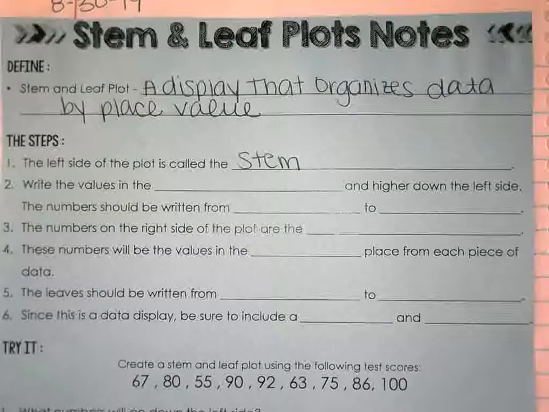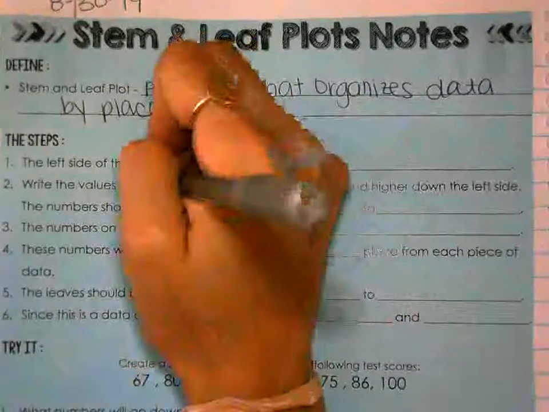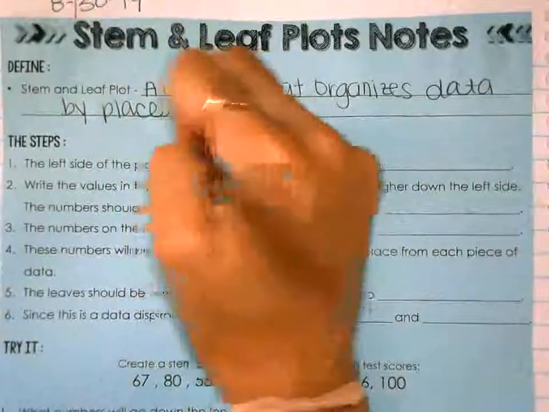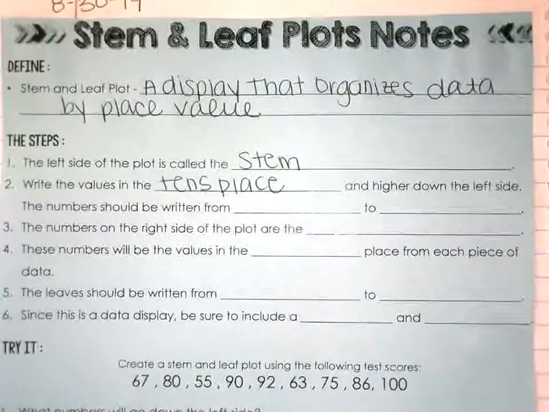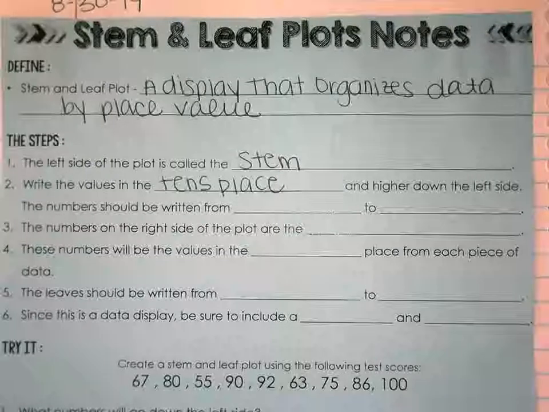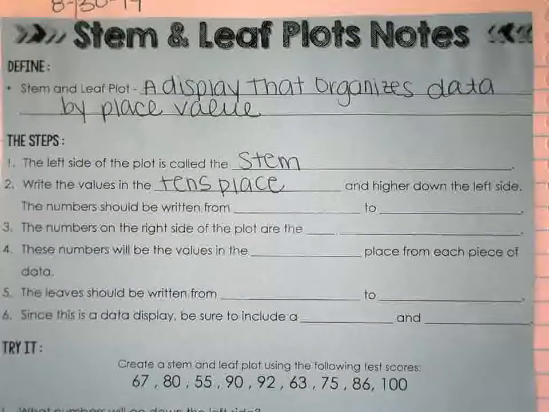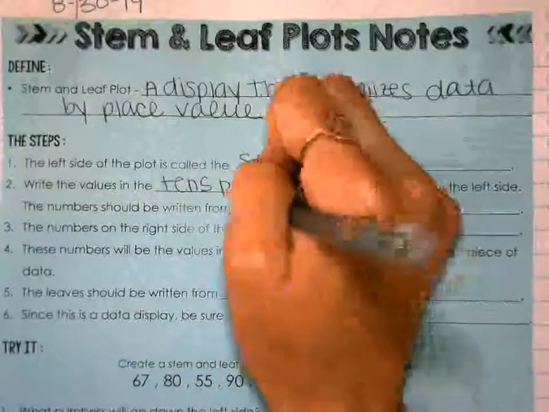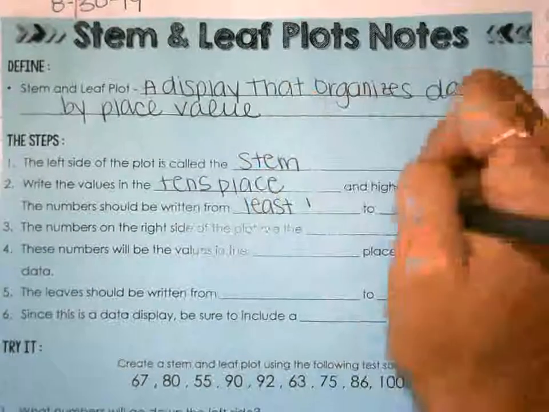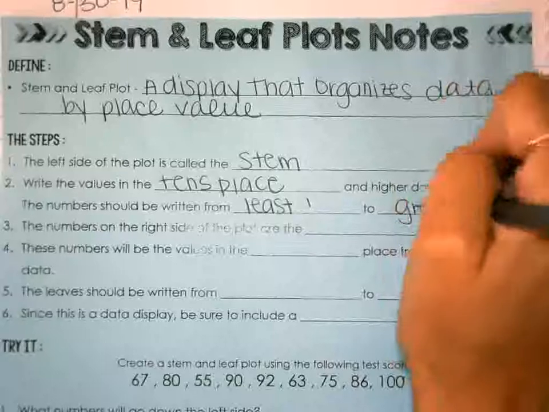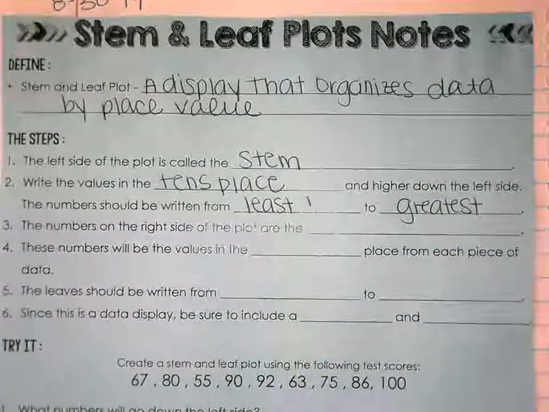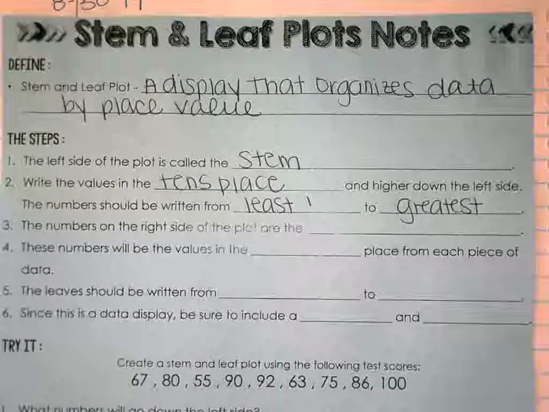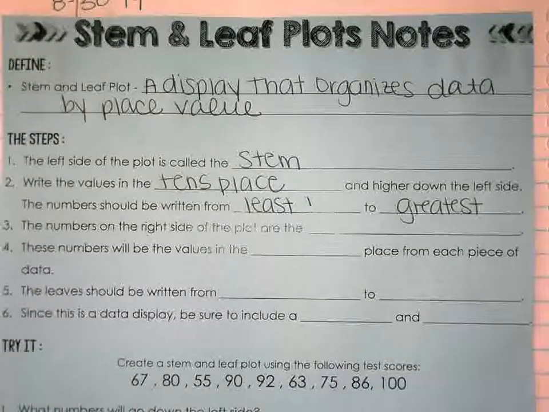For step 2, you need to write the values in the tens place and higher down the left side, meaning the numbers should be written from least to greatest. So we're going top to bottom, least to greatest, and you're only doing the tens place.